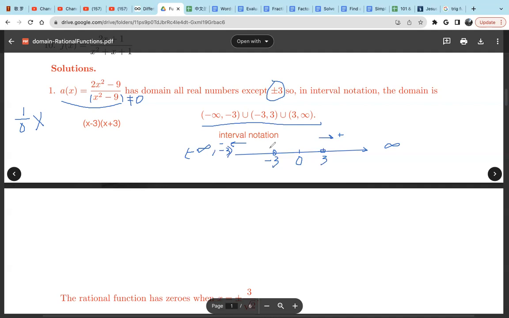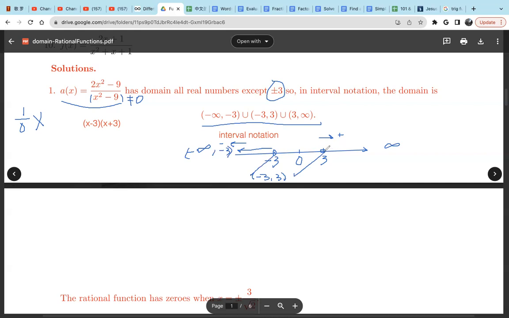So that's from this down to -infinity. And from -3 to 3, we also do not include -3 and do not include 3, so we use open parentheses on both sides. That's for from here to here.